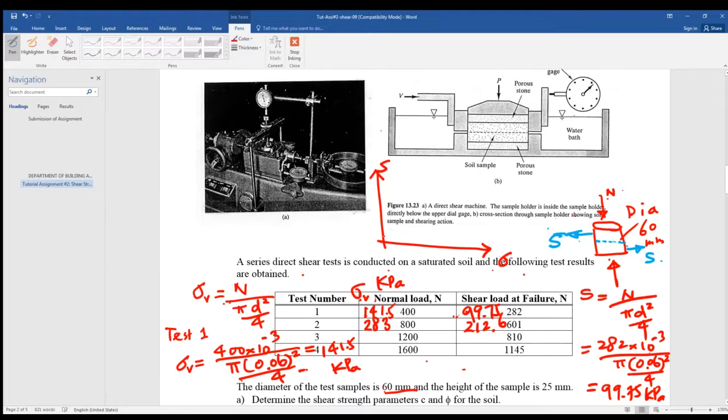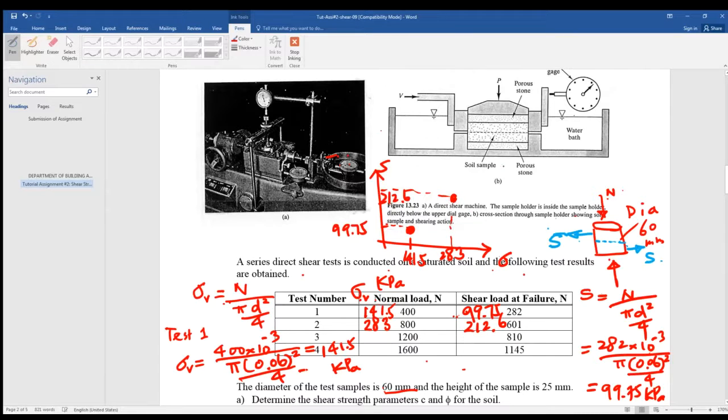The first point is 141.5 and 99.75. Then for test 2, 283 and 212.6.